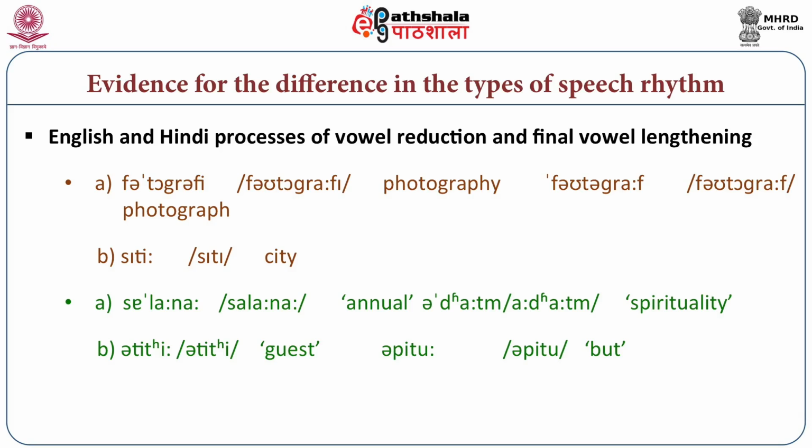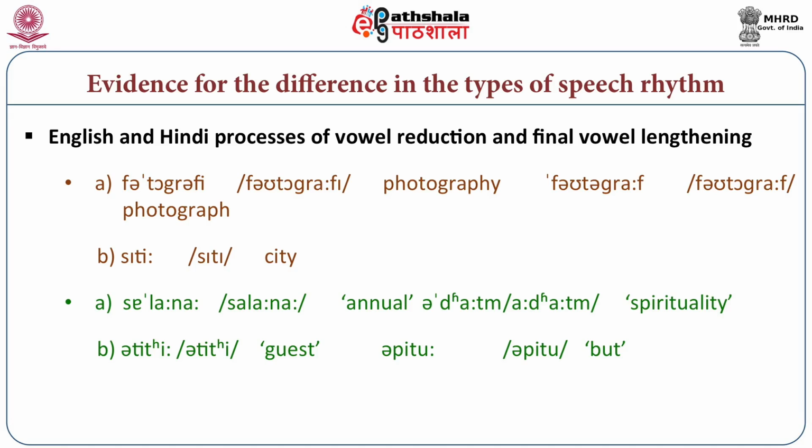For example, look at the screen for data which show the similarity between English and Hindi. The processes which are found in English are also found in Hindi. For example, English has word final lengthening. There is no short vowel found at the end of words in English. The same is the case with Hindi.